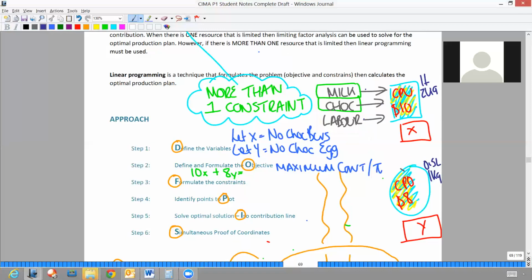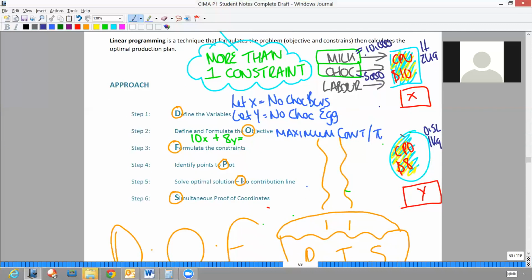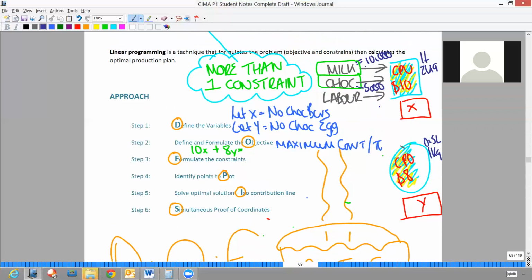Let's say that they were your limiting factors. It would then say that you'd have a maximum milk available of, let's say, 10,000 litres and maximum chocolate available of 5,000 kilograms. In order to formulate the constraints, all you are going to be doing is writing these down in a sum format.